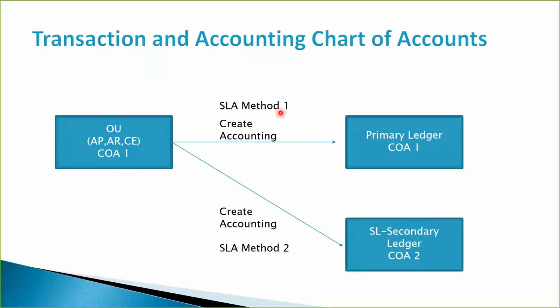The primary ledger is using accrual, and the secondary ledger is using cash. Okay, so those are the features that you have associated with these two ledgers when you're setting them up.